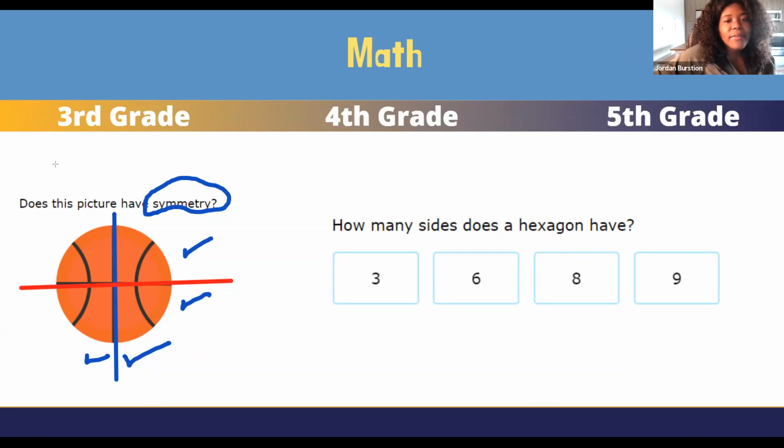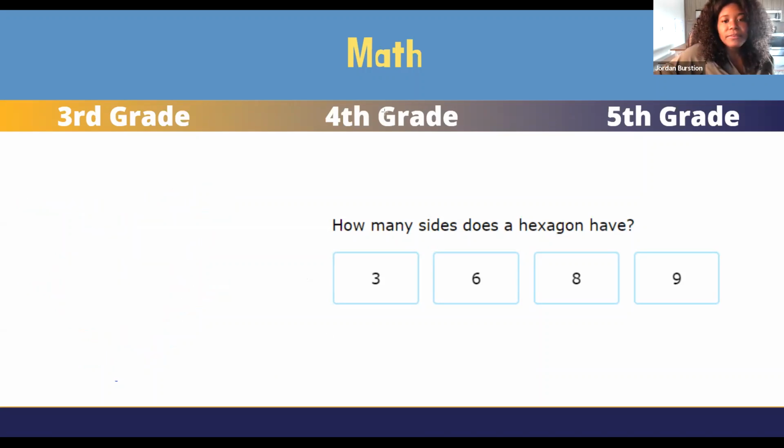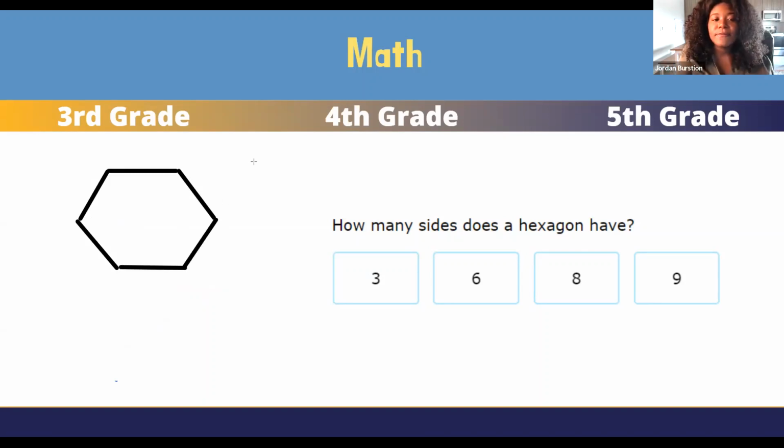So I'm going to make a quick note for myself so I can draw on the screen. I'm going to draw a hexagon really quickly. Okay, so that's a hexagon.